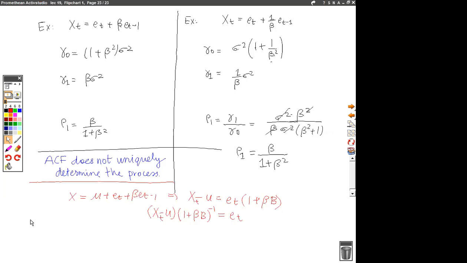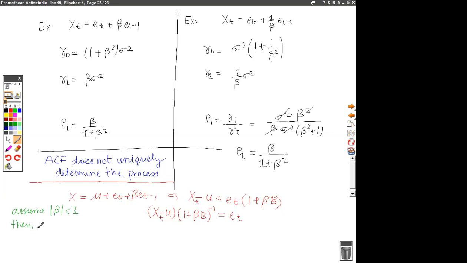That whatever term I have with 1 should be less than 1 in absolute terms, right? So instead of making this valid for each and every value of beta, we just assume that the absolute value of beta is less than 1. Then I can use the binomial expansion to expand this.